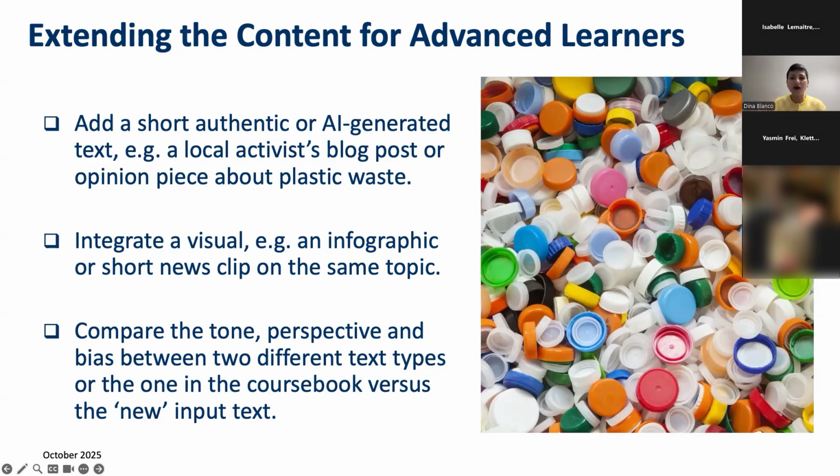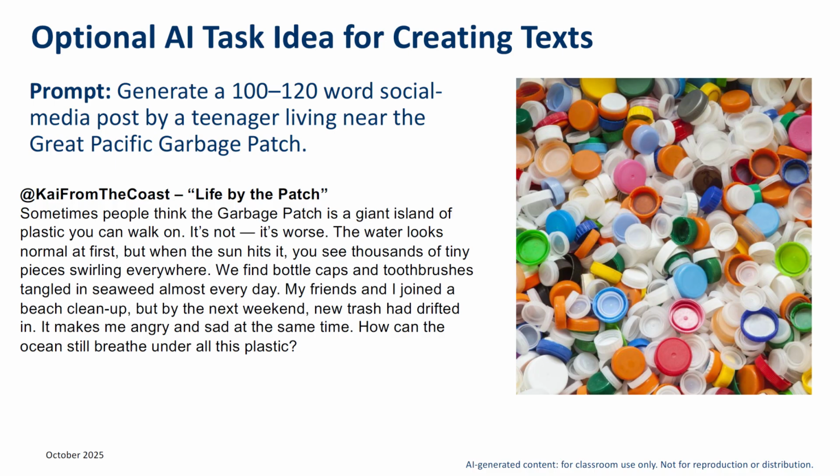I'll give you an example, and this is what I did. Whatever AI tool you want to use, I asked ChatGPT for me. I put in the prompt and asked it to generate a 100 to 120 word social media post by a teenager living near the Great Pacific Garbage Patch.